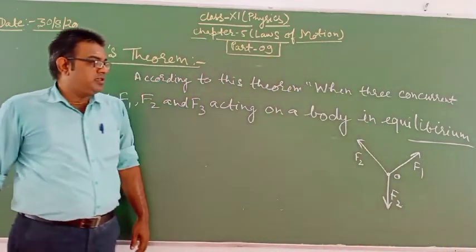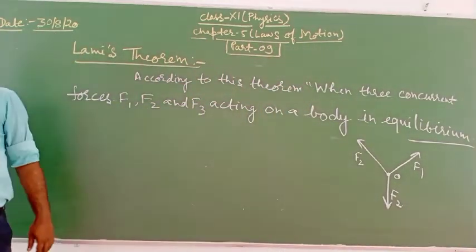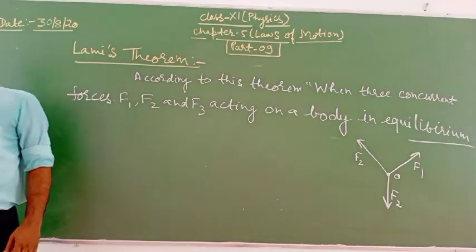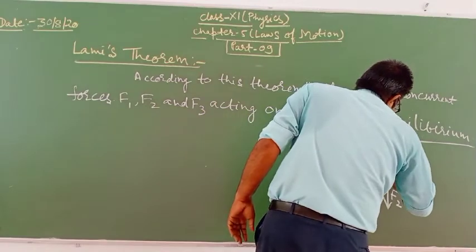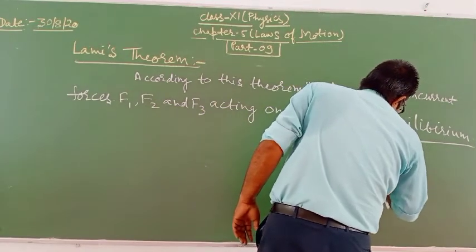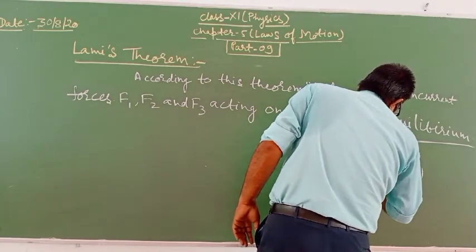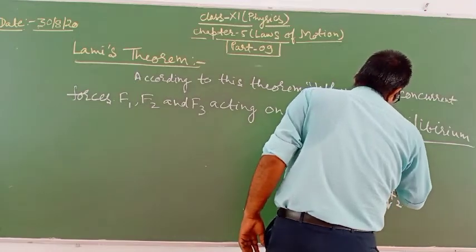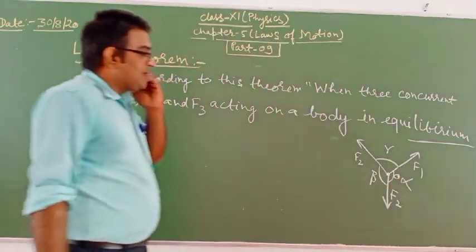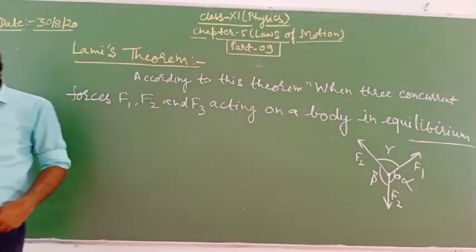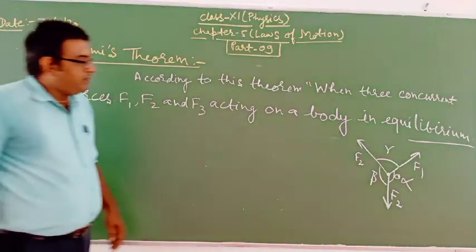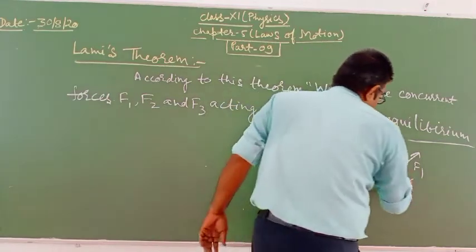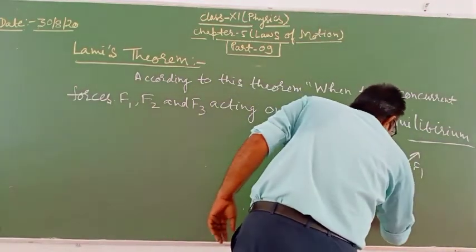These three forces are acting on a body in equilibrium. Then suppose this angle is alpha, this angle is beta and this angle is gamma, meaning the angles between the forces.